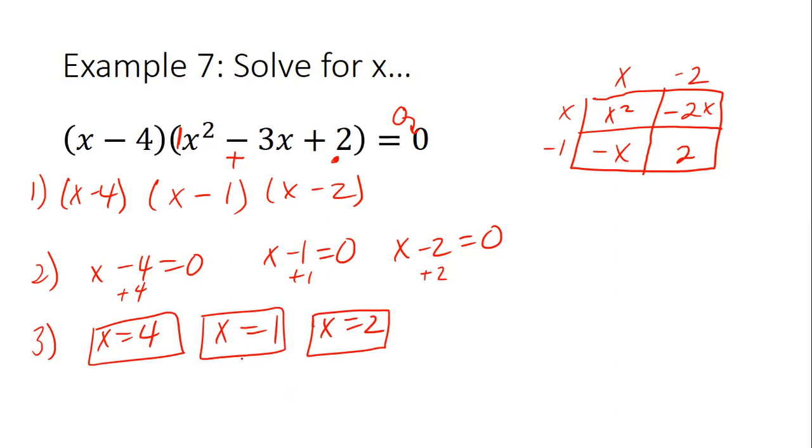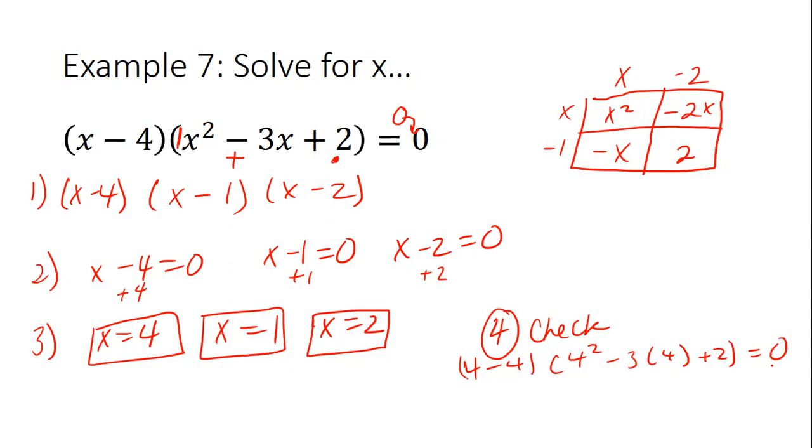Okay, step 4 is if I'm not sure, what should I do? Check. I can take the values, plug them back into the original, and make sure that it adds out to be 0. When you plug it in, do you plug in all of them? You're plugging in one at a time. So I would plug 4 in first. So I would have 4 minus 4 times 4 squared minus 3 times 4 plus 2.